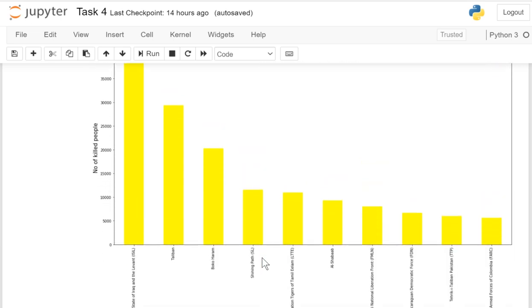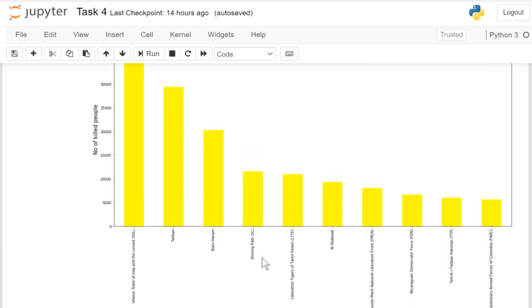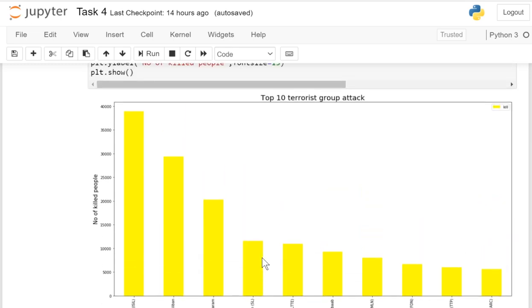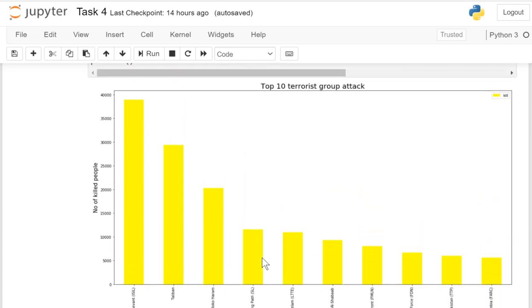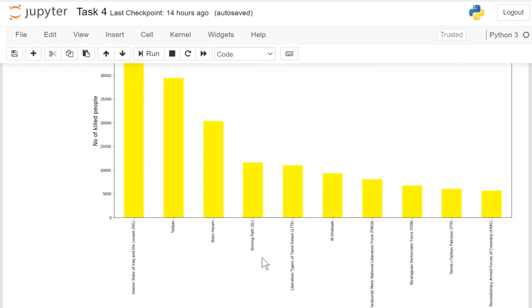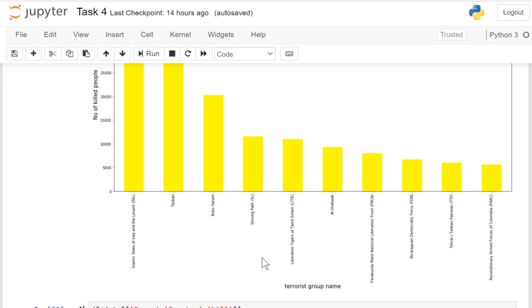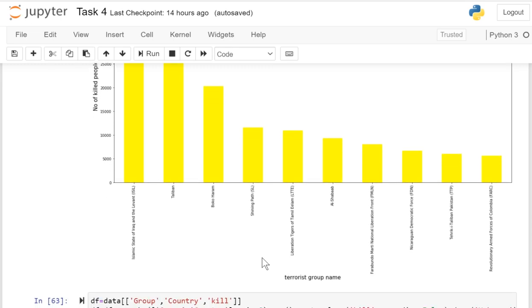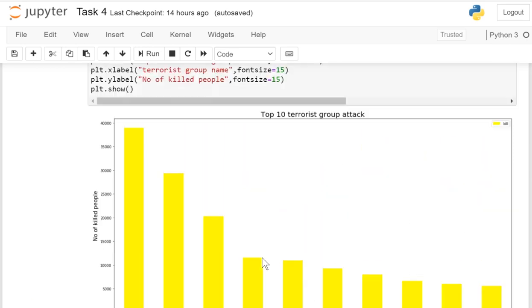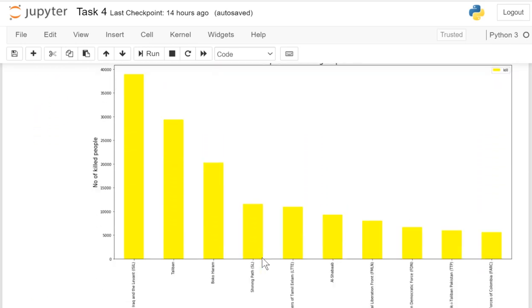We see that the Islamic State of Iraq and the Levant, ISIL, is at the top, and the Revolutionary Armed Forces of Colombia, FARC, is the least.